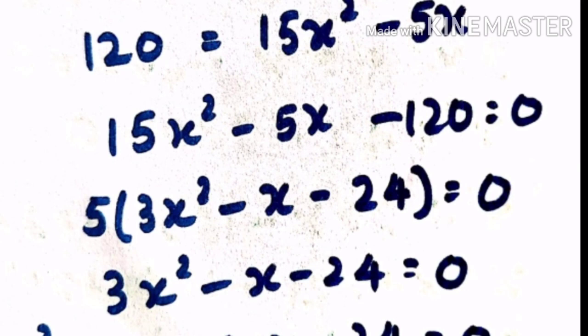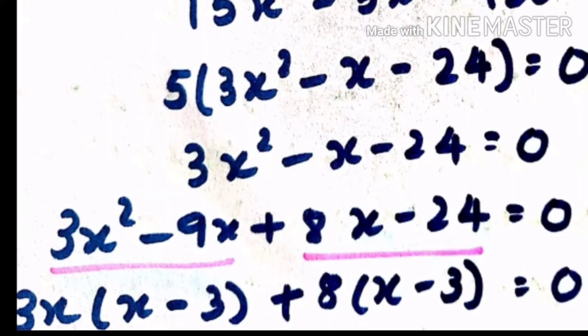We have to take factors like 24 threes and the factors of 8. We will get 24 threes is 72, and then factors of 8 to get minus 1. So we get 3x square minus 9x plus 8x minus 24 is equal to 0.